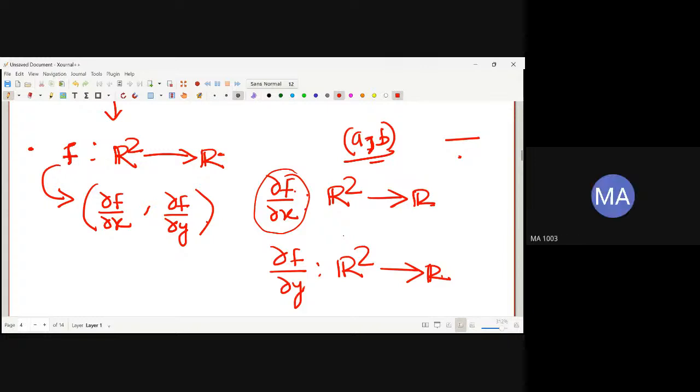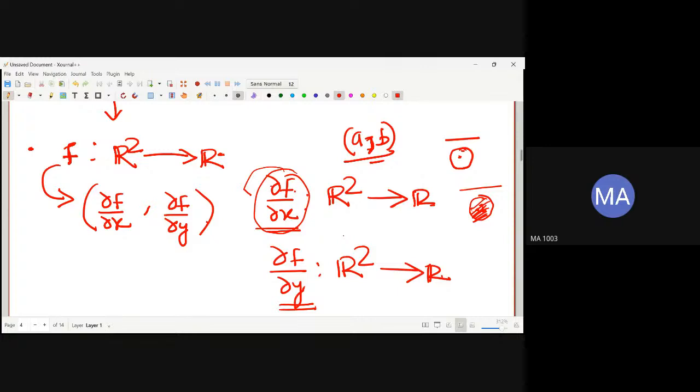Then only you can apply that rule. Both the partial derivative with respect to x as well as the partial derivative with respect to y must be continuous on this region. Otherwise, you can't.